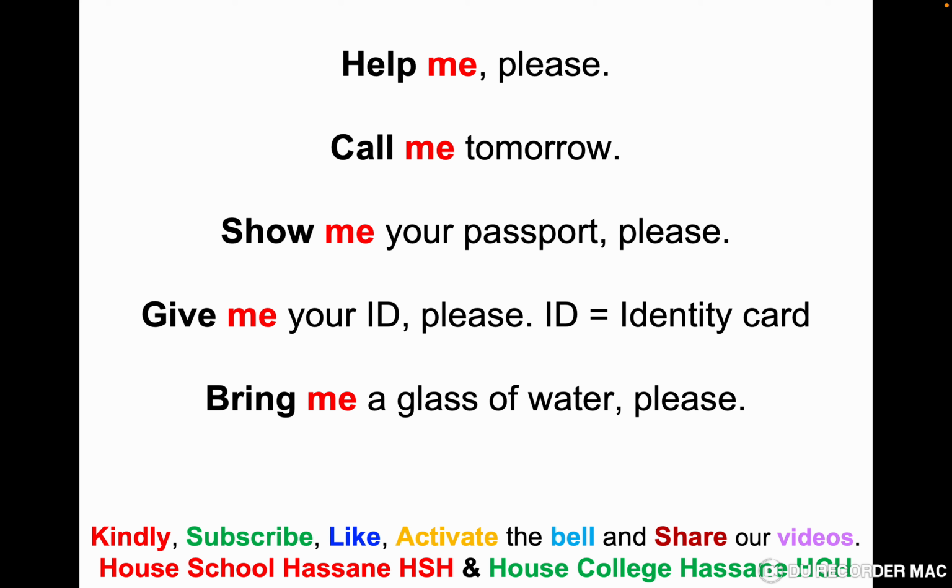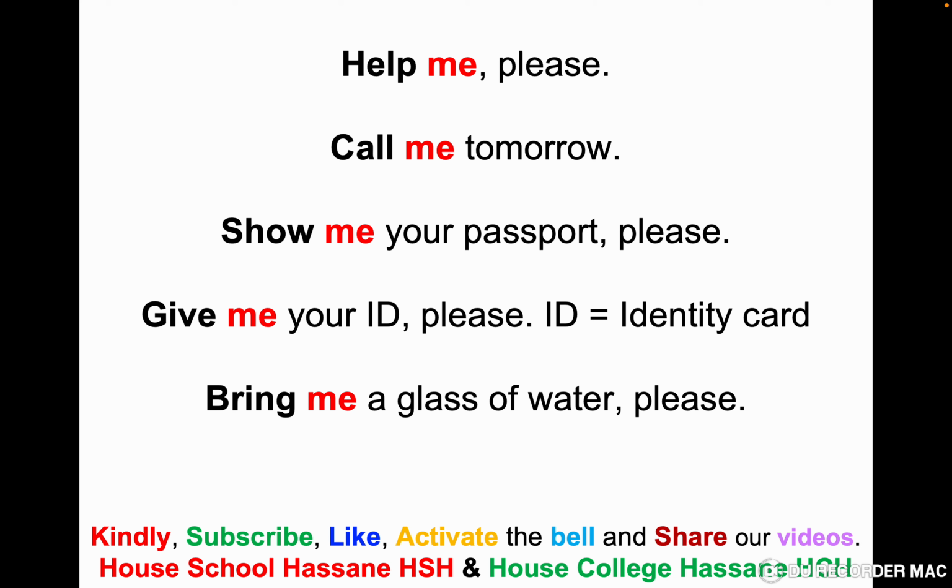So here we have all the examples in this slide. We put just me with different verbs. The first example, as we've seen, help me, please. The second example, call me tomorrow. The third example, show me your passport, please. The fourth example, give me your ID, please.